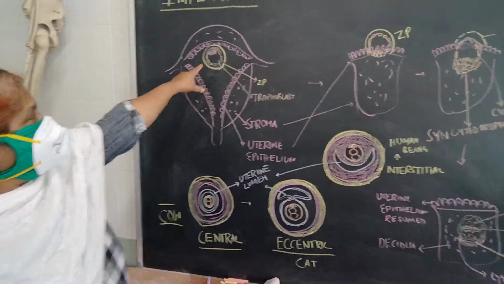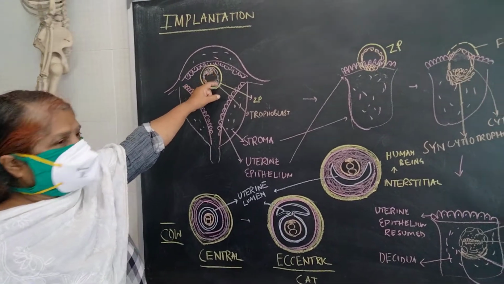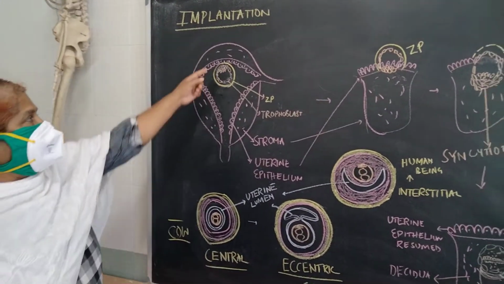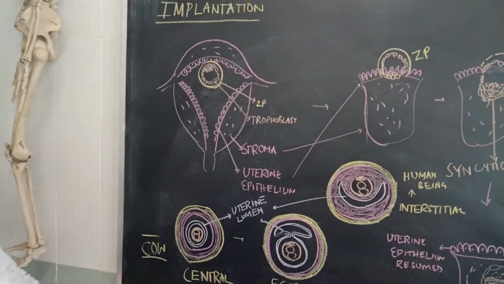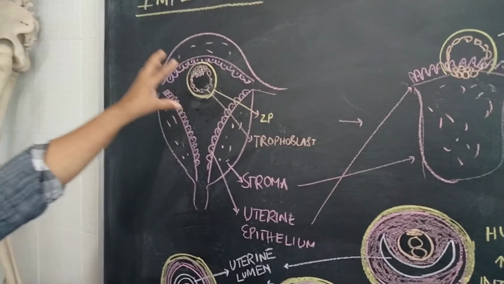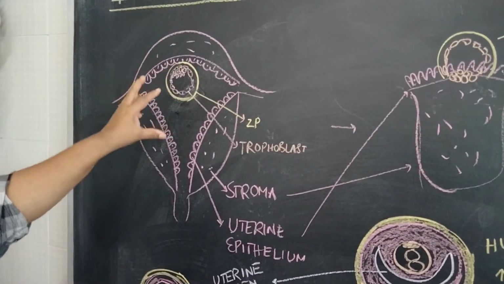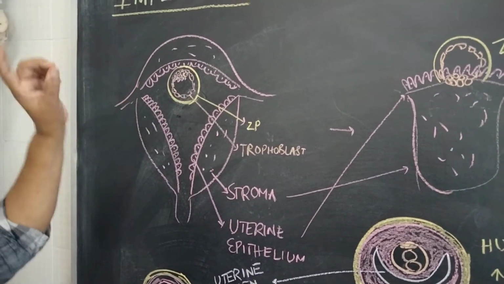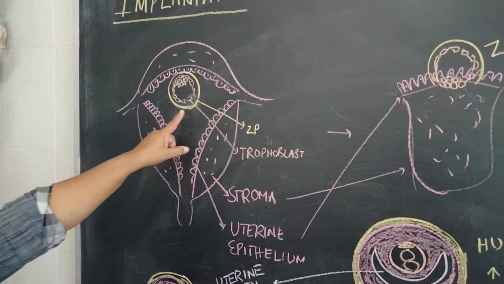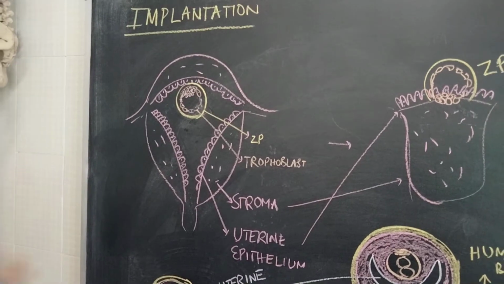What happens is that the cells, as I already told you, arrange themselves as the trophoblastic cells, and at the polar end the embryoblastic cells. Now the zona pellucida is the one which is actually preventing the process of implantation. So before implantation, the disappearance of the zona pellucida has to happen.